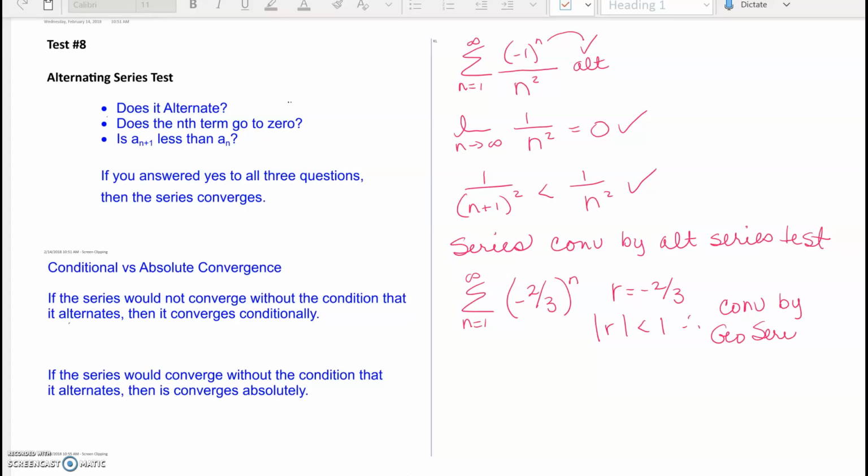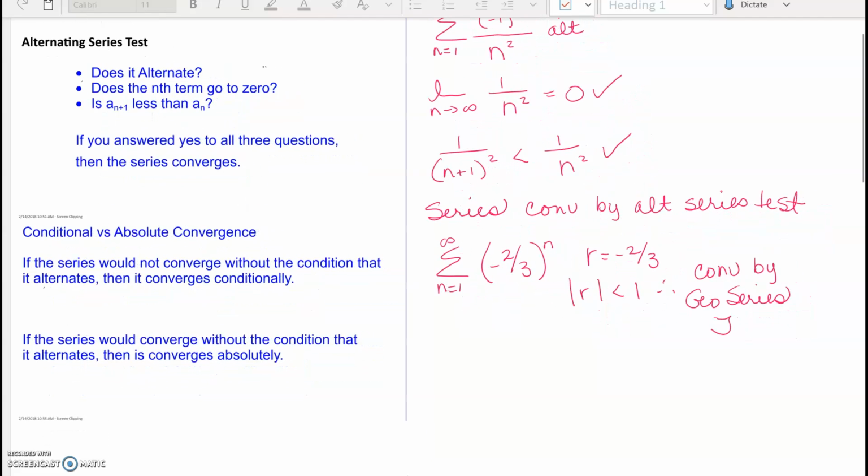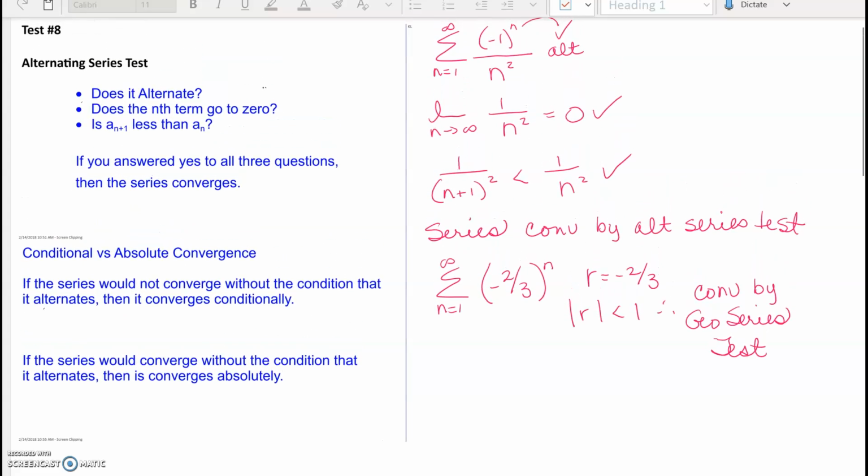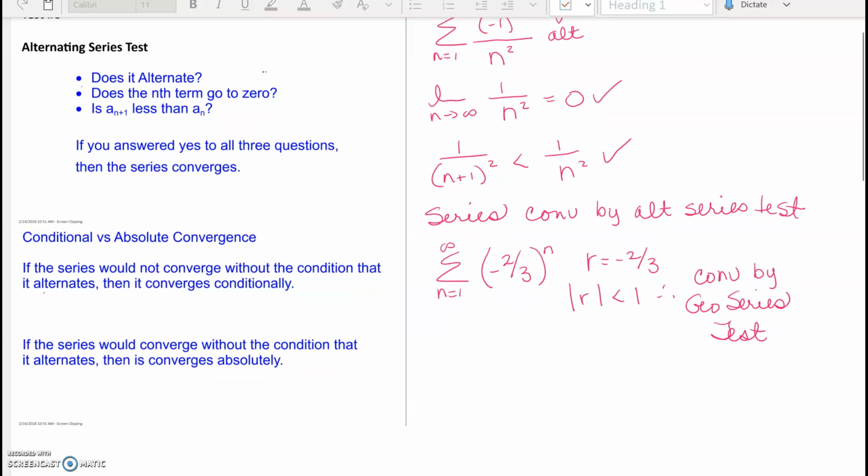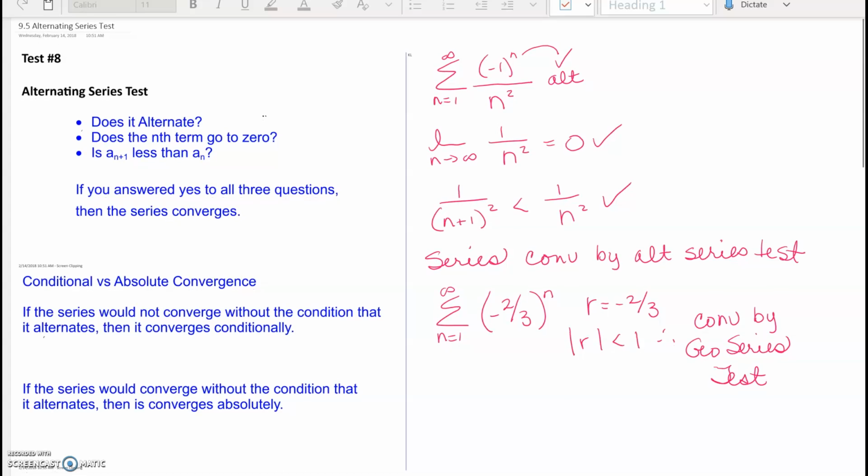So just because something alternates, you're not going to throw away things that I've already taught you that have worked before. So it's a pretty straightforward test. We're going to find that we have an awful lot of series out there that do alternate, so you're going to find that you use this quite a bit.